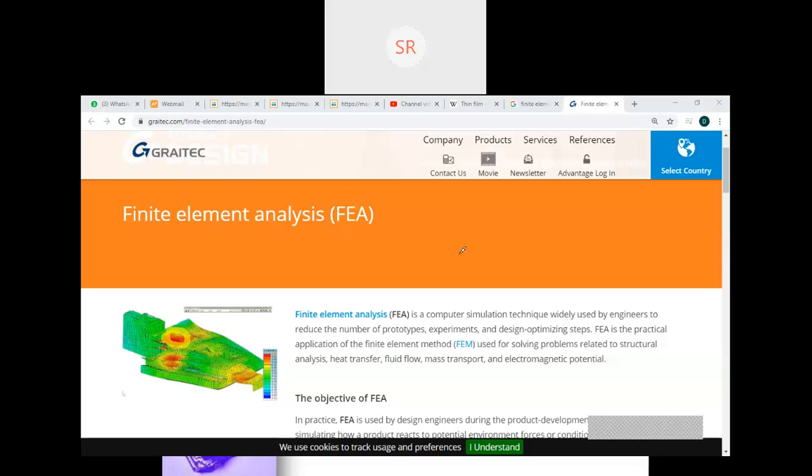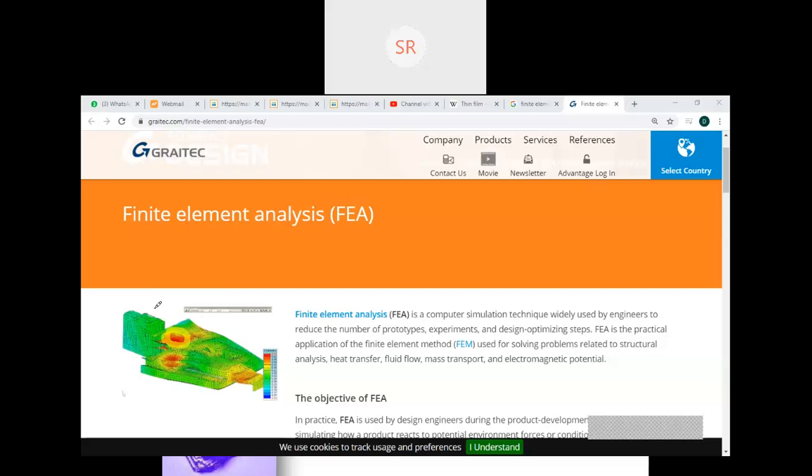So my main purpose is, before designing the actual shape or a particular material, I make a model, I select the material, and I do a particular analysis. The analysis may be with respect to calculating the stress or strain, or with respect to heat conduction, heat convection, heat radiation, or with respect to the flow of fluid.